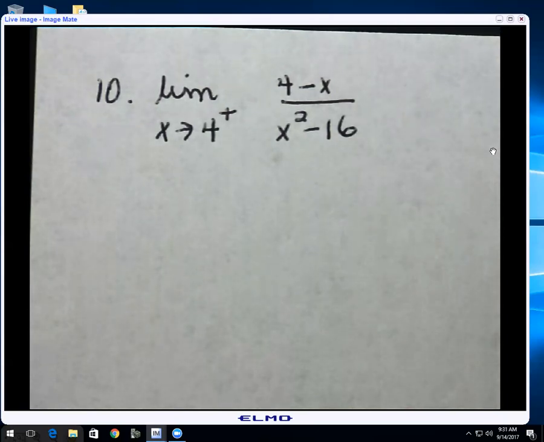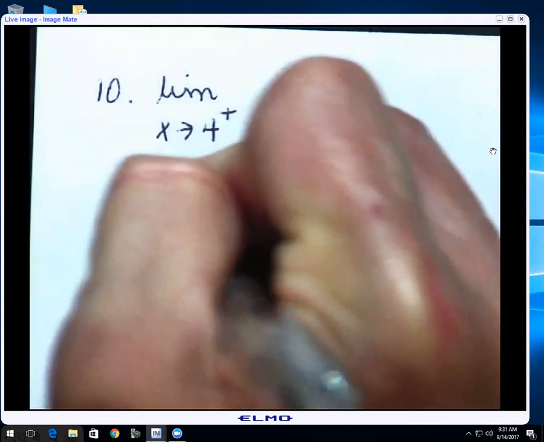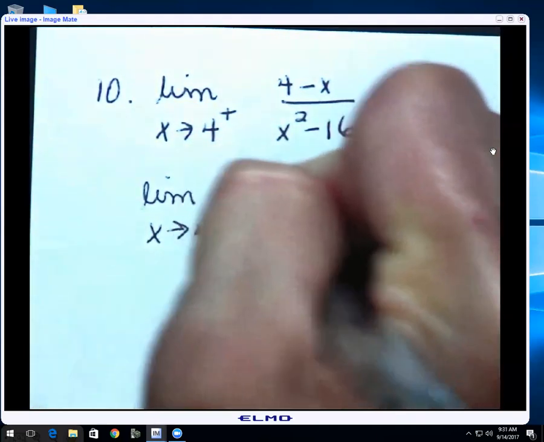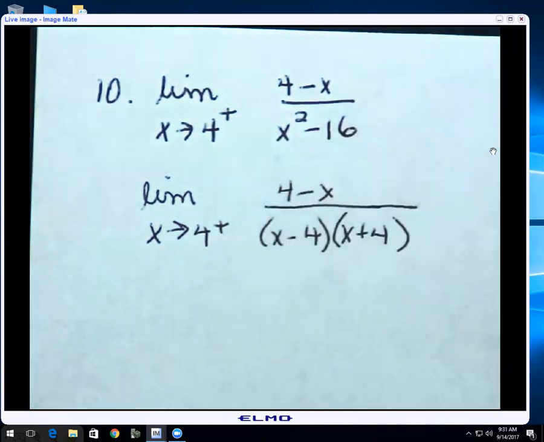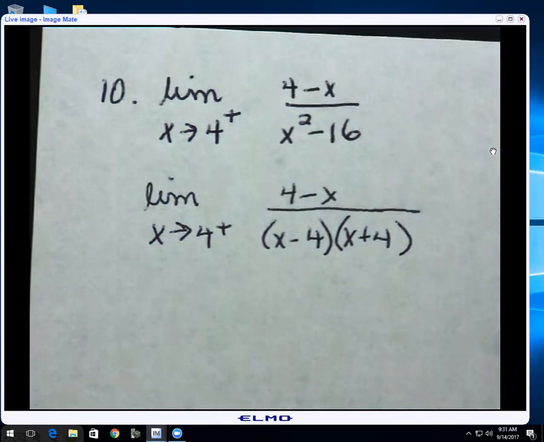Not as is. Can you think of one of our tools for resolving indeterminate form that would work here? You can simplify that rational expression because you can factor the denominator. And are x minus 4 and 4 minus x the same thing?